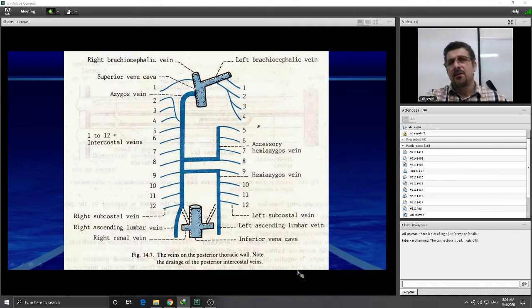The azygous vein, by passing through the right crus of the diaphragm, or sometimes by passing through the aortic orifice of the diaphragm, reaches the thorax.